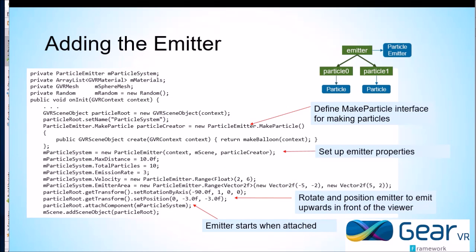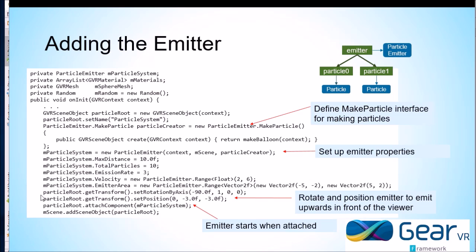So far we've made two classes, but we haven't really done anything with them. So here is how we add the emitter. The emitter is done in onInit, and we first have to set up a scene object. We'll call it here the particle root, and this scene object will be what the particle emitter component is attached to. And the particle emitter component will be rotated and positioned to emit upwards and in front of the viewer.